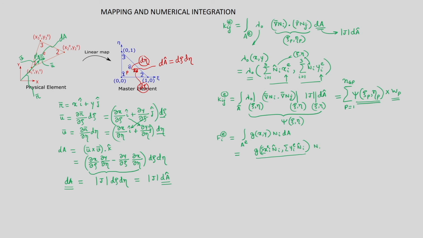Ni will be the same as Ni hat, because that is how we define the hat functions, and for dA we will again use the determinant of Jacobian times dA hat. So now the integral will be over the master element A hat, fine.